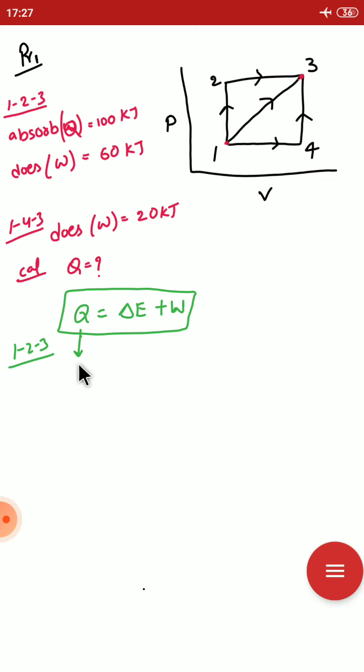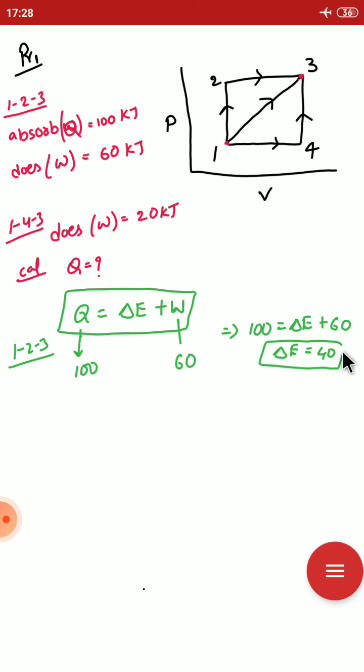Here Q is given as 100, here W is given as 60. A simple substitution: 100 is equal to delta E plus 60. From this, delta E is equal to 40.